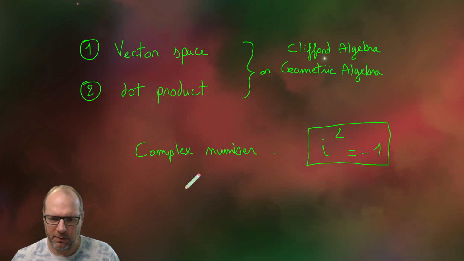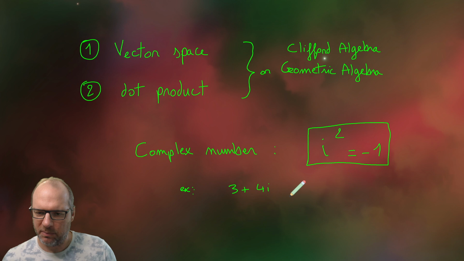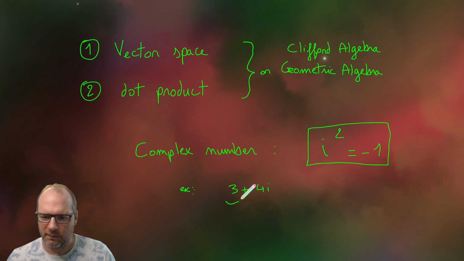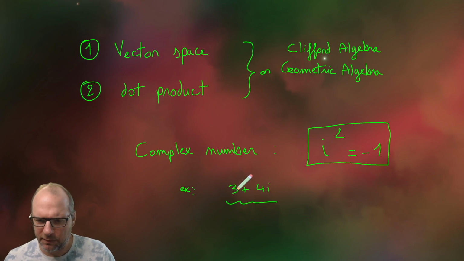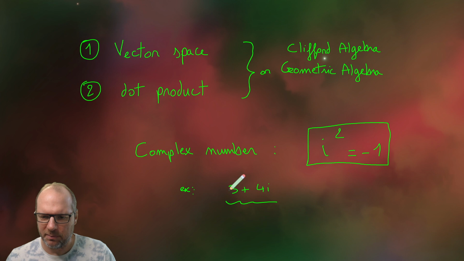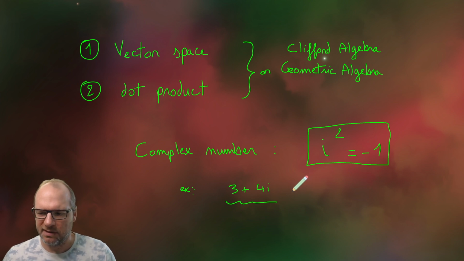For example, 3 plus 4i is an example of a complex number. It is maybe a compound number with two parts, the real part and the imaginary part, but the whole is considered a complex number.